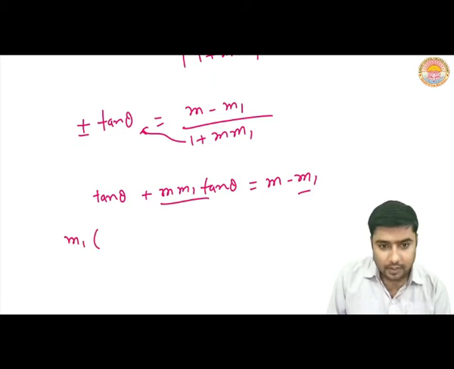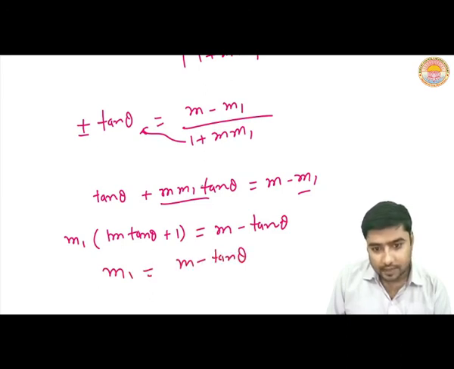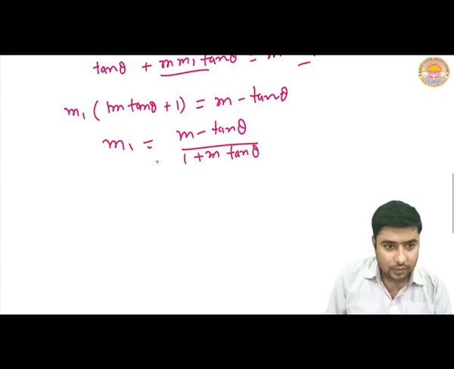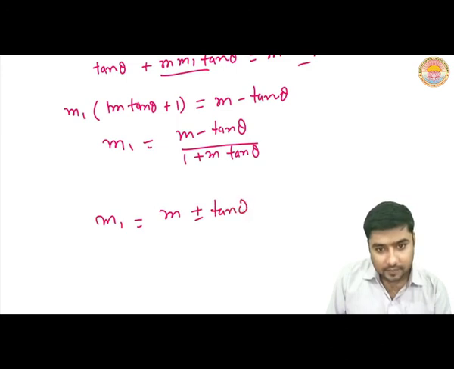m1 is common, then m tan theta plus 1 equals to m minus tan theta. So m1 equals to (m minus tan theta) upon (1 plus m tan theta). We know that theta can be positive or negative, plus minus, so m1 equals to (m plus minus tan theta) upon (1 plus minus m tan theta).